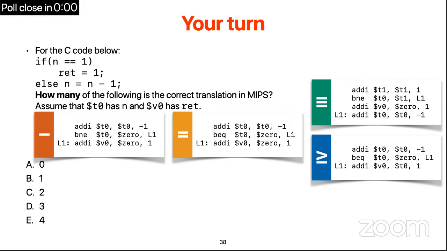I don't think it can be any of the three, or things with 3 lines I'm a little bit suspicious of, because you need to first of all change values for return and n, but then you also need to check equality. And because we don't have a less than, I just don't think it's possible to do it in 3 lines.